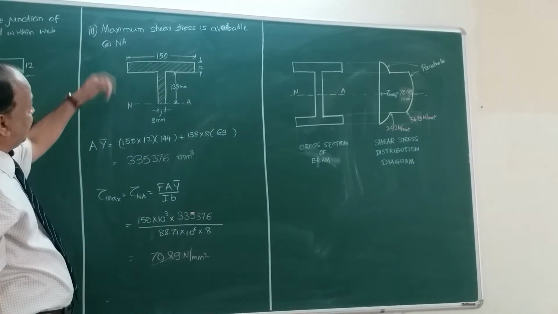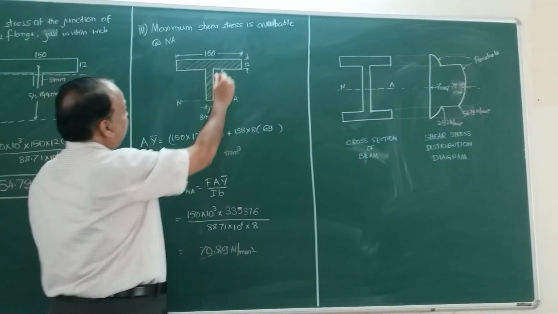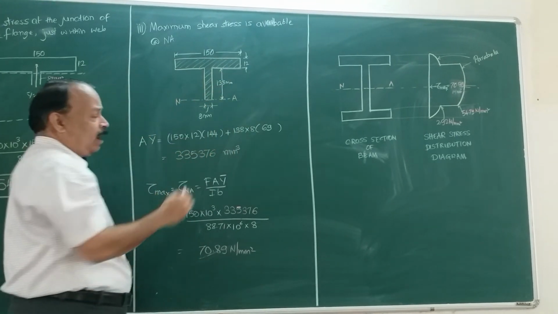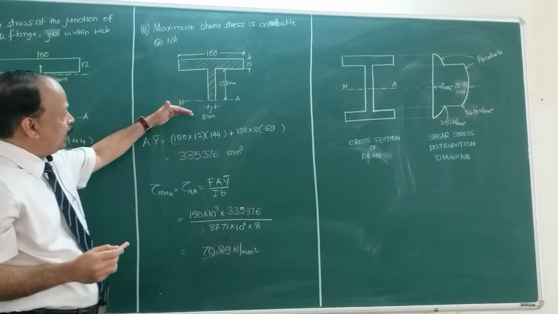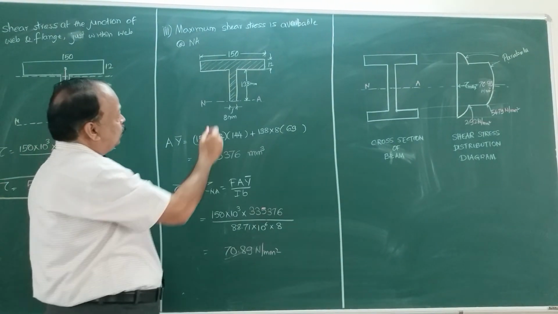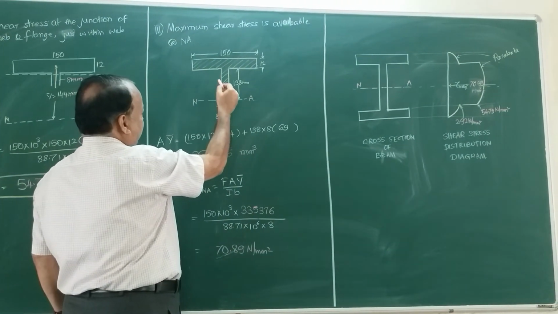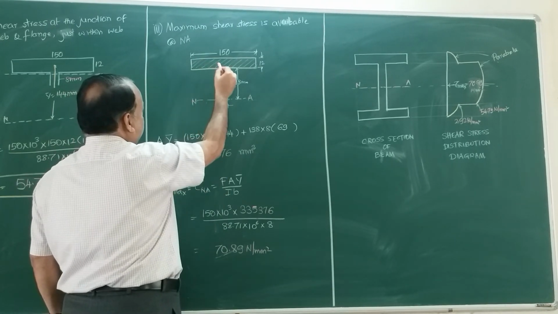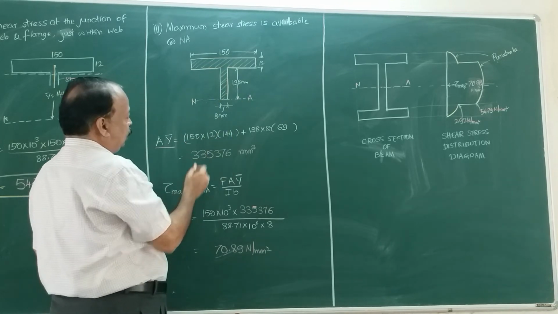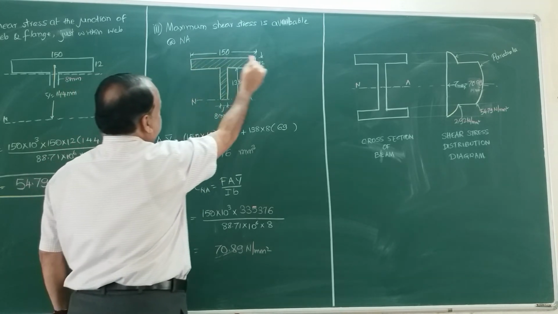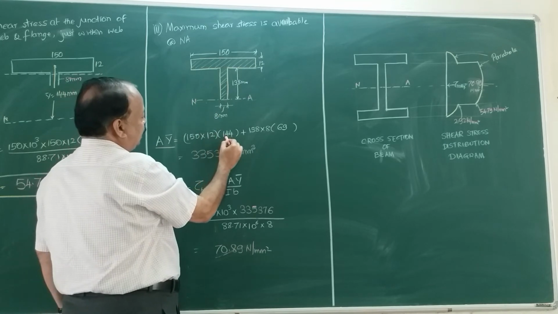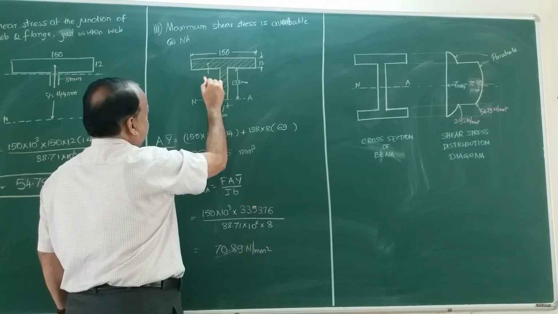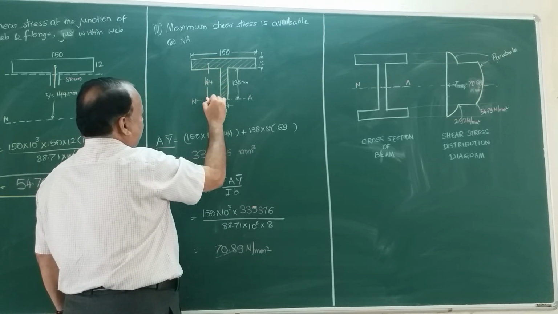Then we will calculate maximum shear stress. Maximum shear stress is available at the neutral axis. So this is the neutral axis. I have drawn only half of the figure from the neutral axis towards top. This is the area you have to take, and you have to take A y bar as area into y bar of the first component plus area into y bar of the second component. The first area is 150 by 12, this rectangle, into distance of CG, which is 144 millimeters from neutral axis.